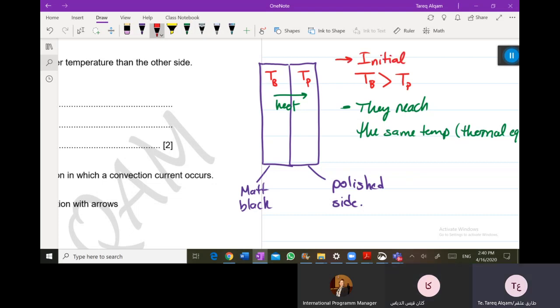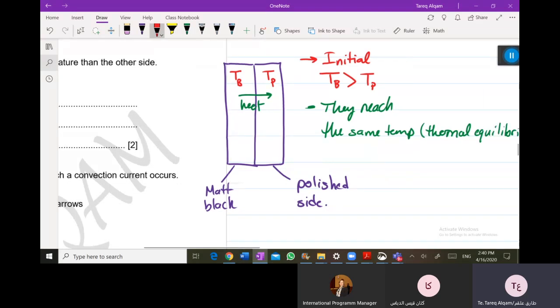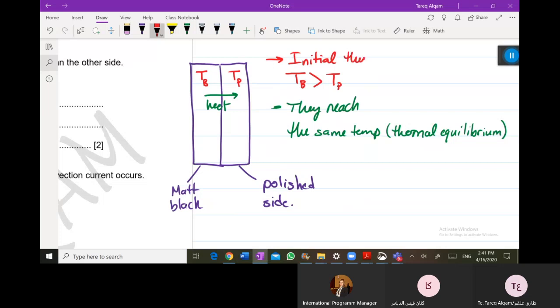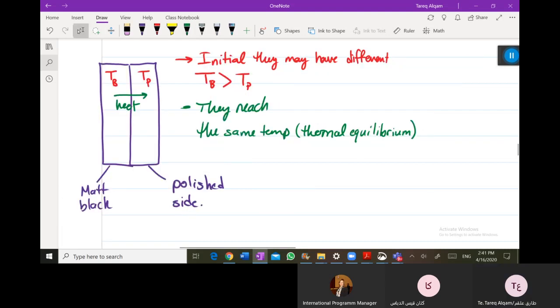Initially, yes, they might have different temperatures.